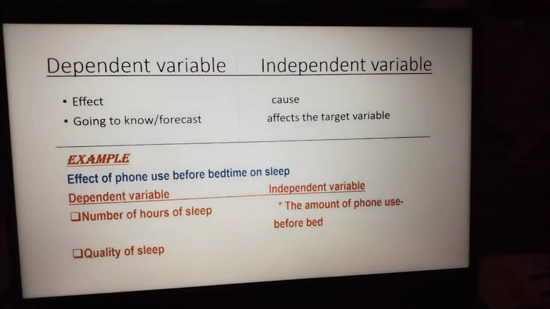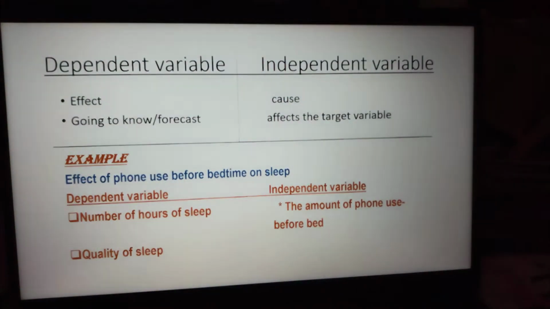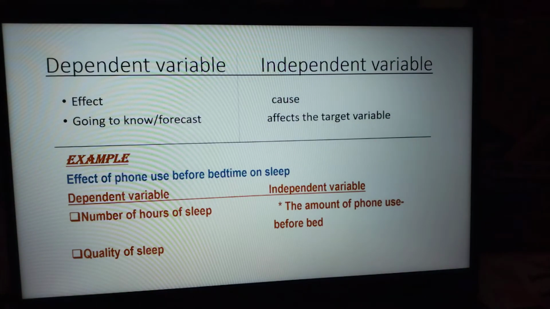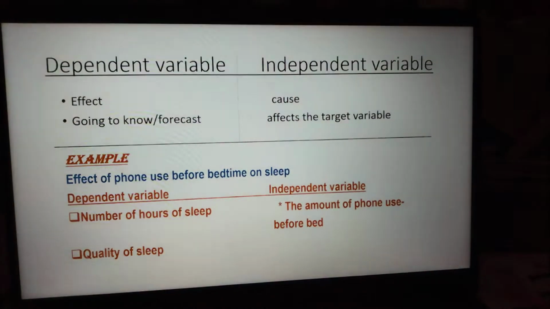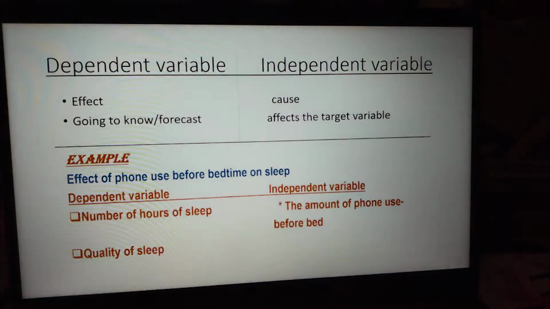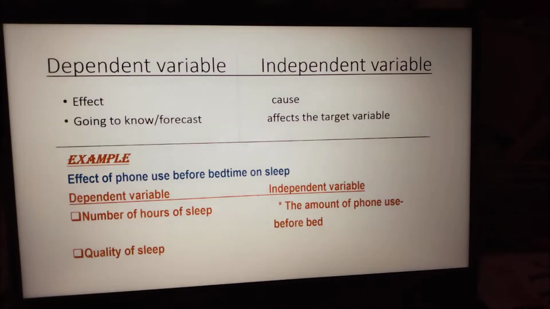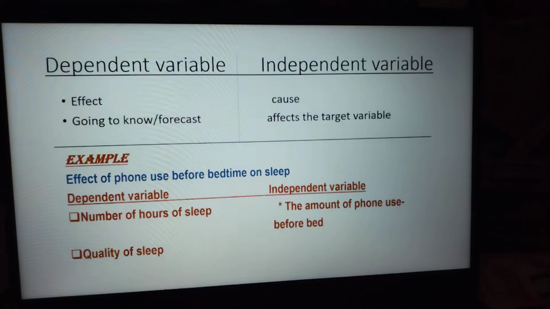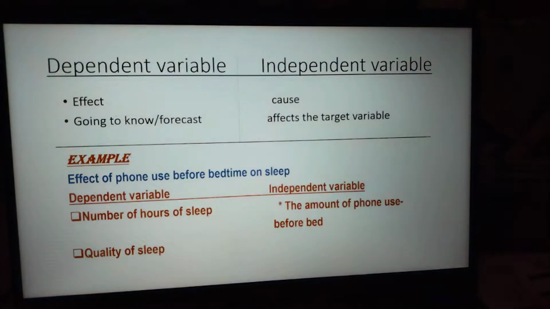Independent variable is the amount of phone use before bed. If we are using too much phone before bedtime, obviously our sleep is going to be affected. So here we are going to understand the effect on which variable? On the quality of sleep. And the causing variable is the amount of phone use.